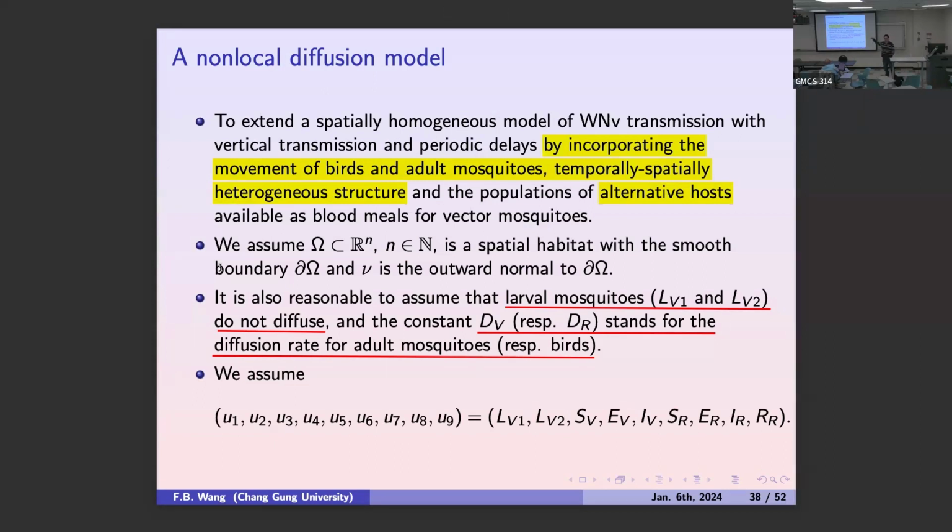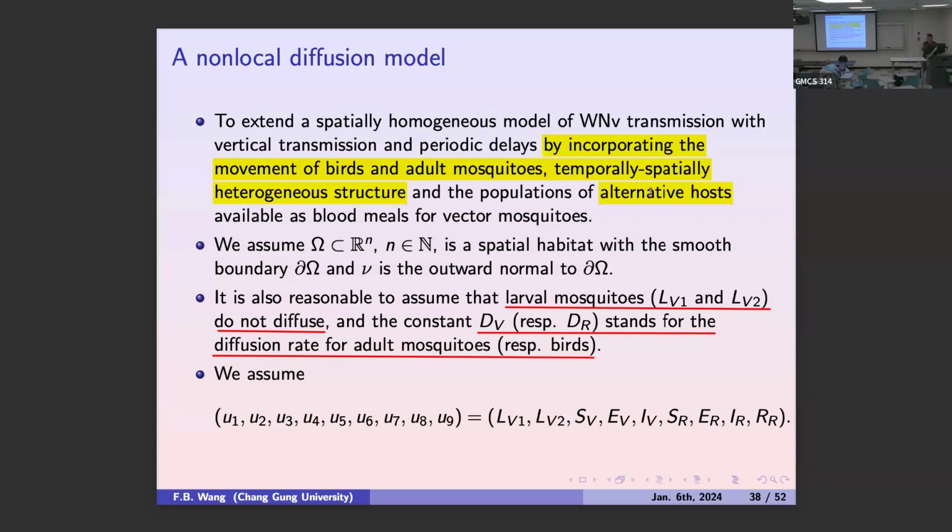So far, the model we mentioned is the delay equation without spatial variation. But actually the mosquito and the bird can move. So we need to include their movement, otherwise it doesn't make sense. Another question is about the so-called alternative host.